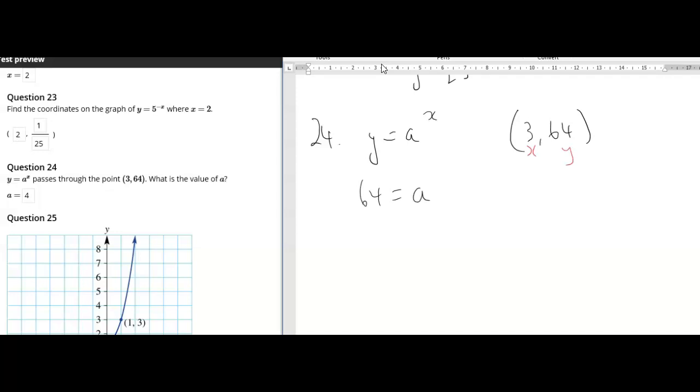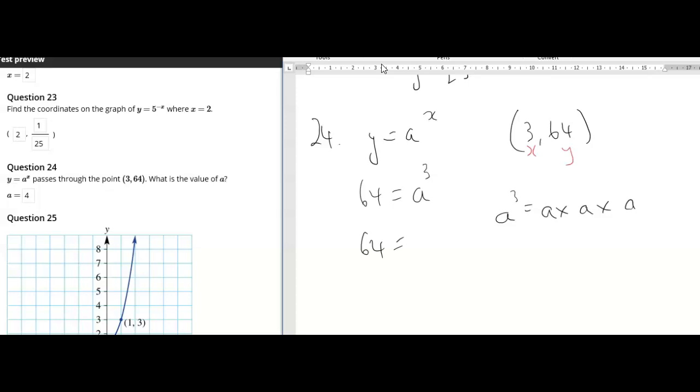So 64 equals a to the power of 3. Now, a to the power of 3 is the same as a times a times a. So what number, when multiplied by itself 3 times, gives you 64?